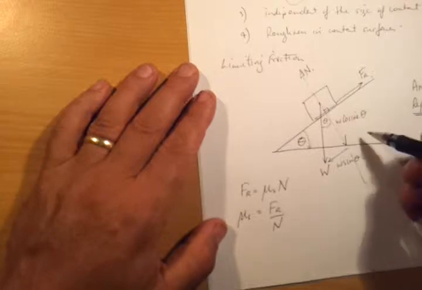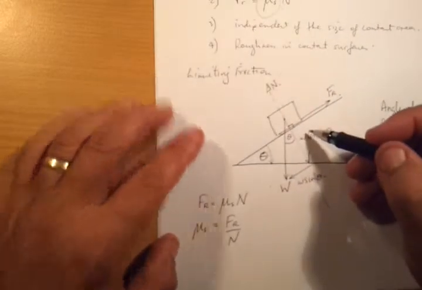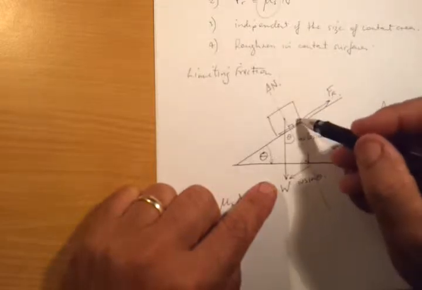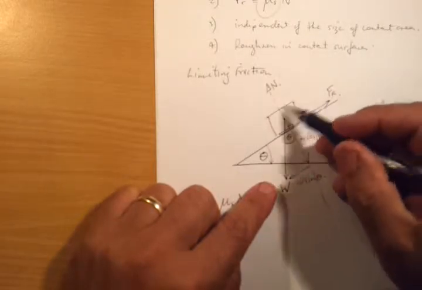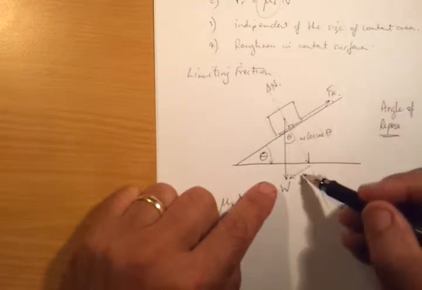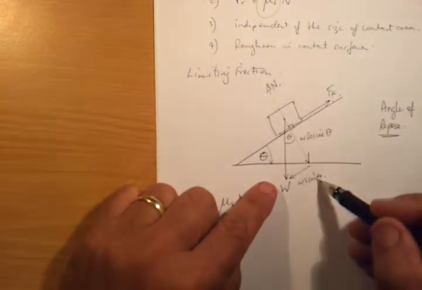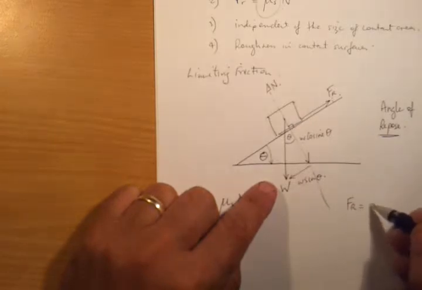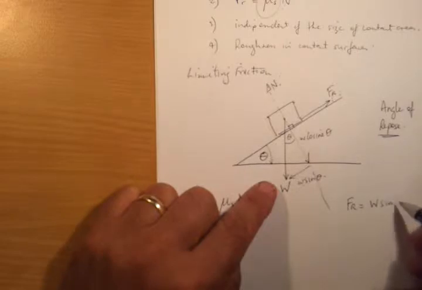Okay, well, in this case on an inclined plane, just before the object is moving, so it's on the point of moving, Fr will be at its maximum and will be equal and opposite to W sine theta. So we could say that Fr is going to equal W sine theta.